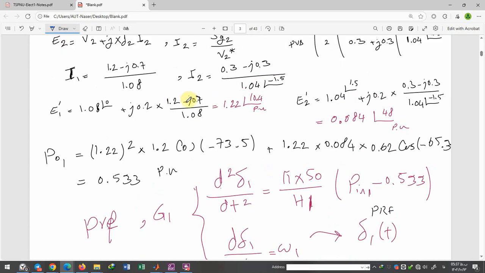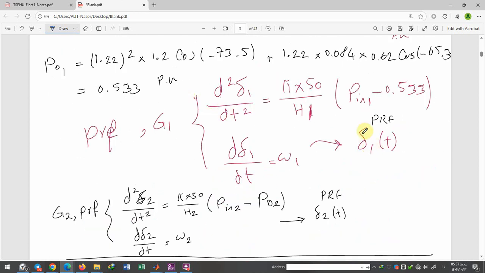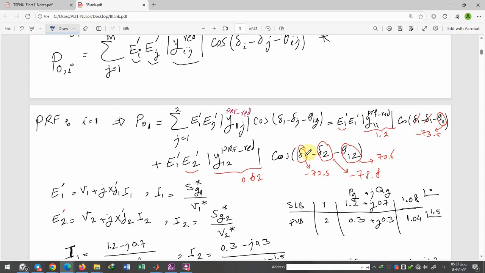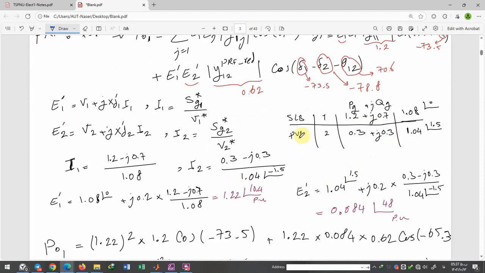We don't need to find the final value of delta 1 in pre-fault, during fault, post-fault, but we need to solve this set of differential equations, and we need to calculate and write this calculation.